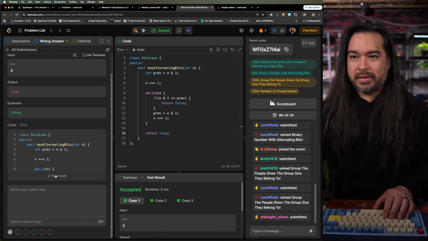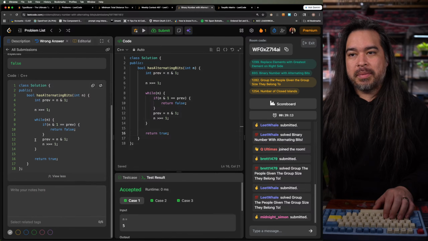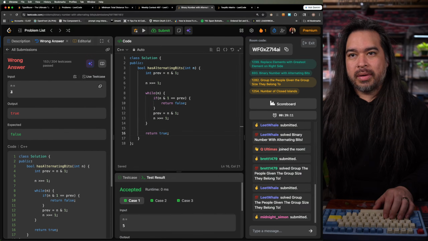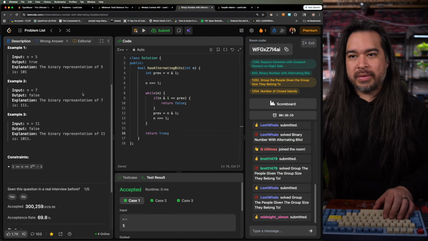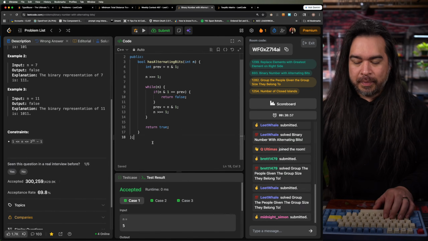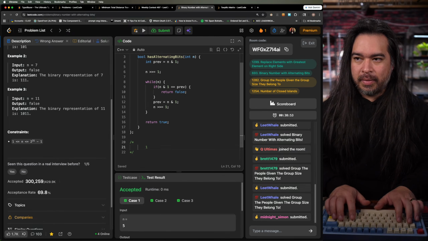Oof. 4. What do you mean? 4 isn't alternating? Two adjacent bits will always have different values. Man, why would 4 not be 1?